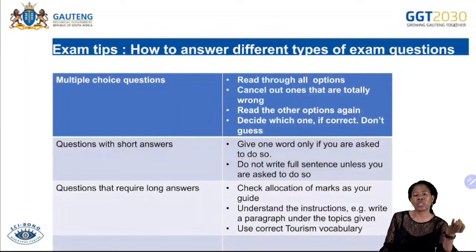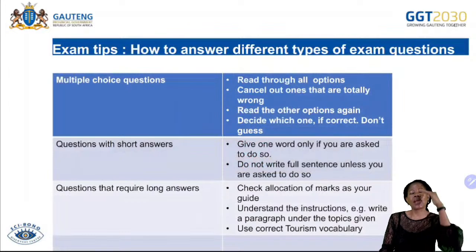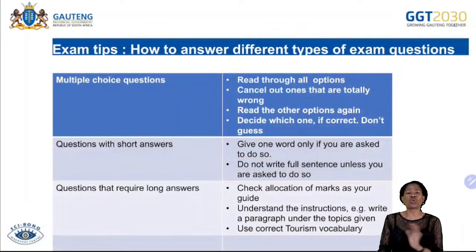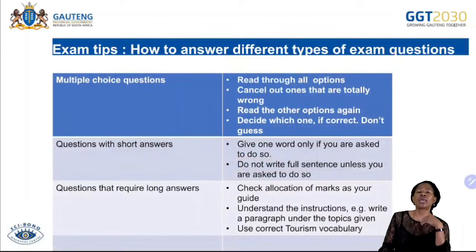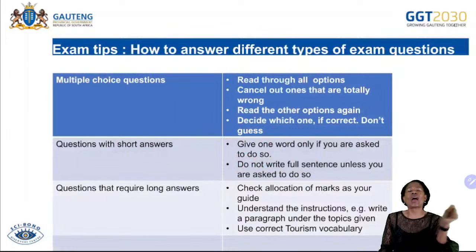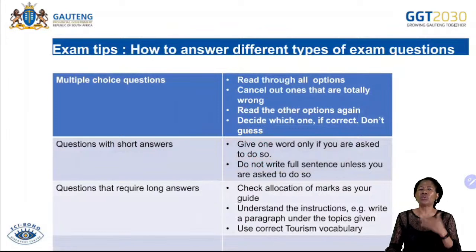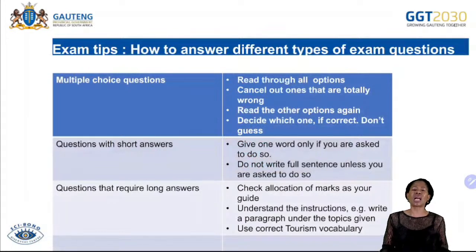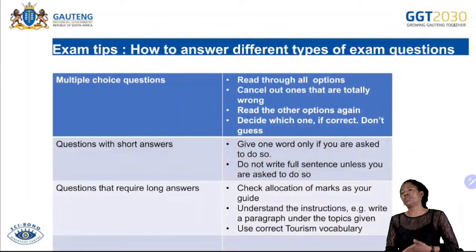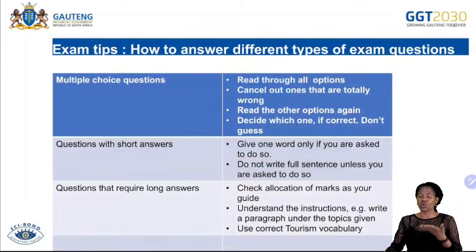Check the topics, the subtopics that you are given, and then you answer based on those subtopics. Do not just write haphazardly so that your educator needs to find the answers, referring, okay, she's talking about the community, she's talking about the environment. Please make sure that you write every answer under the topics that you are given.